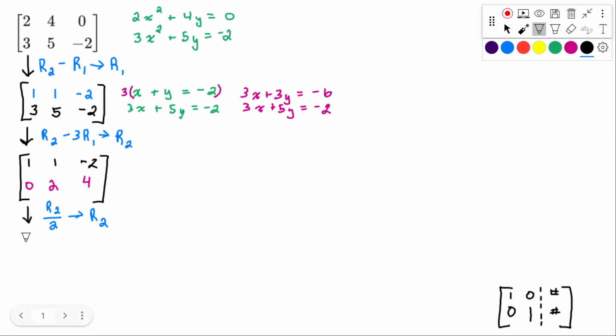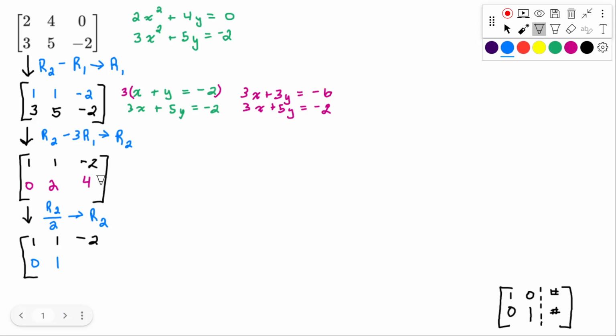So we will have the 1, 1, -2 yet in our numerator, and our denominator, 0 divided by 2 is 0. 2 divided by 2 is 1.